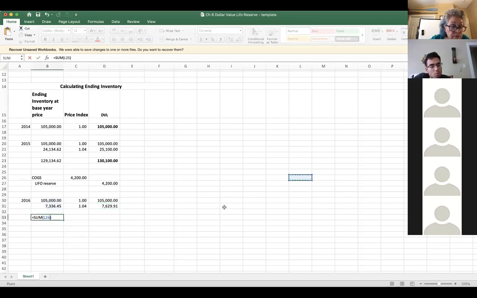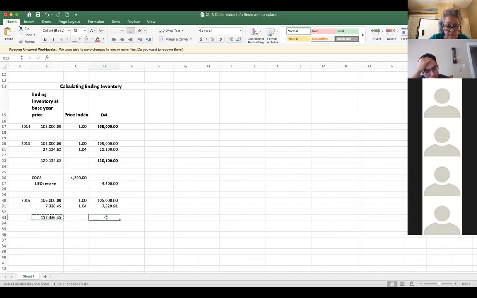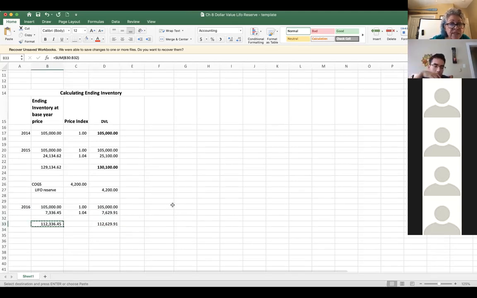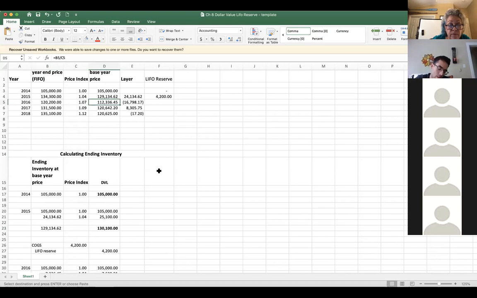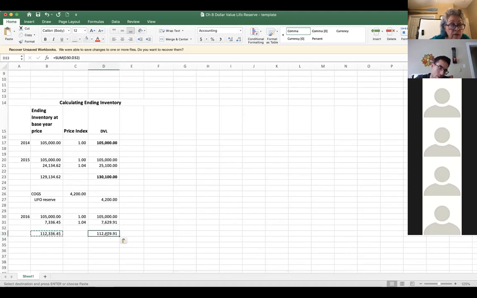So we're going to add these. And notice that my 112,336.45 agrees with this total number. And the amount that I would report on my 2016 balance sheet would be the 112,629.91.